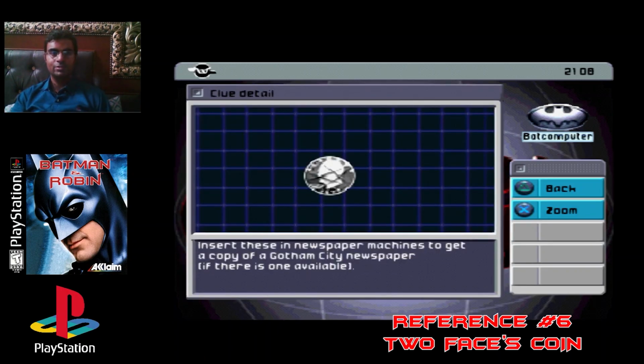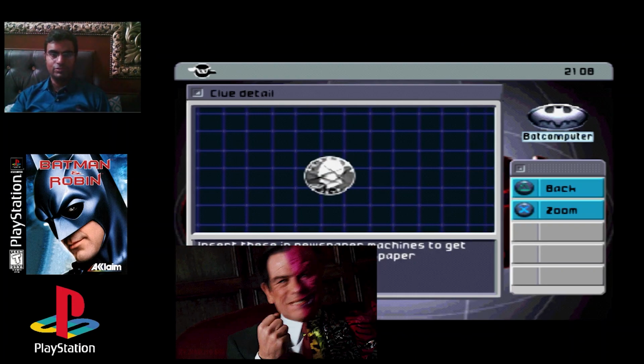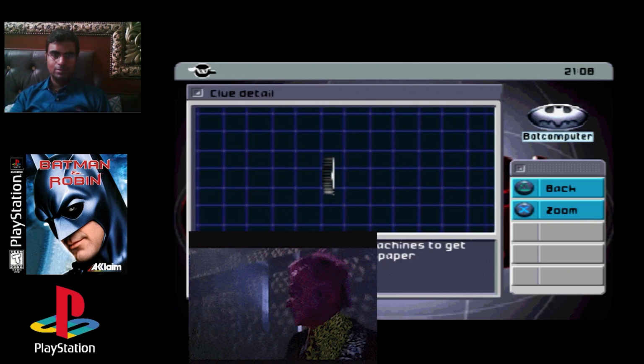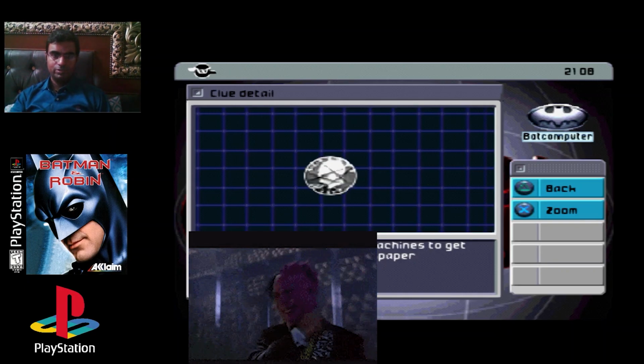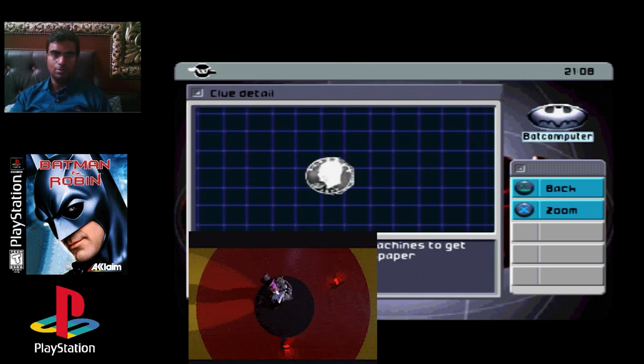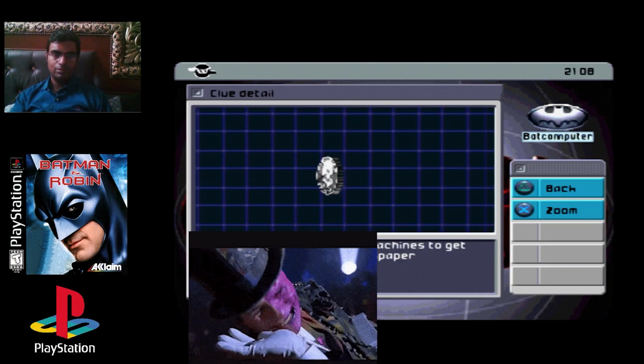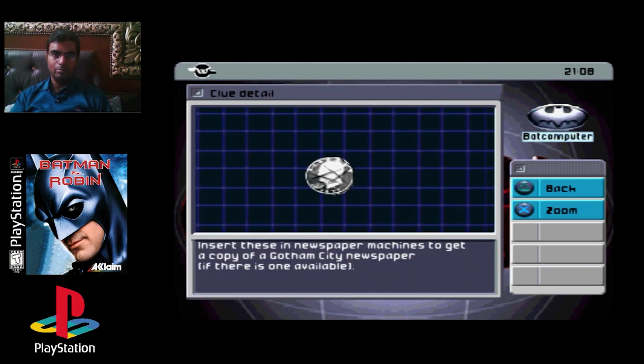That means it is a coin that is particular to Two-Face that we saw in the movie. Two-Face uses this coin to make his decision about any event or a person, whether he wants to kill a person or steal something, to perform a theft. He always tosses his coin and then makes up his mind about whether to do that act or not.